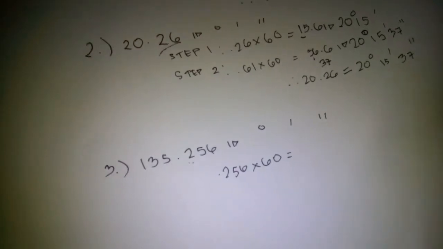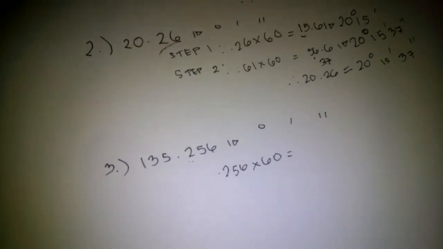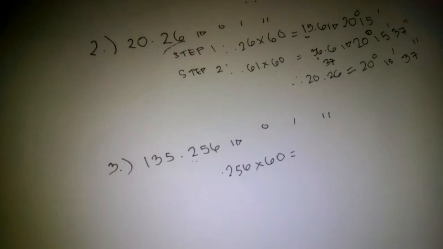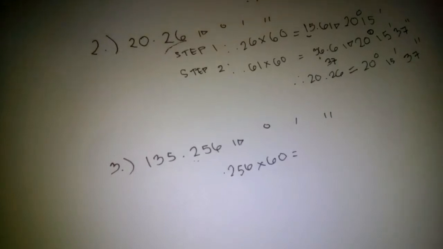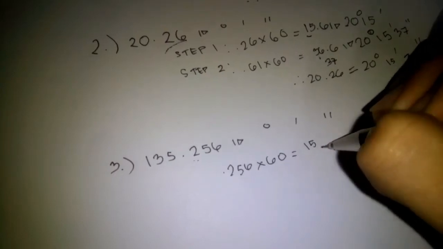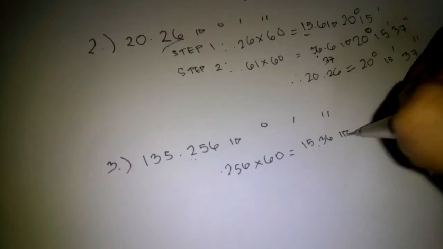So let the calculator do the math. 256 thousandths multiplied by 60 is 15 and 36 hundredths.